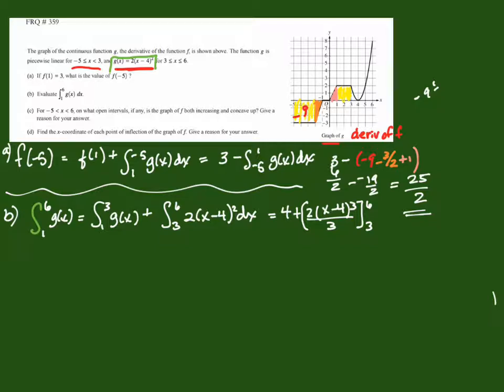So, let's do that under here. 4 plus, let's pull this 2/3 out. That's easier. And then 6 minus 4 is 2. 2 cubed is 8. So 8 minus (3 minus 4 cubed, which is -1). And that would be minus 1/3.